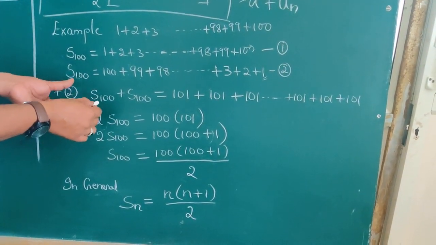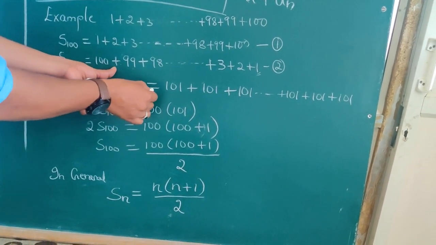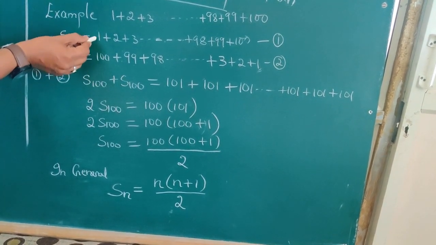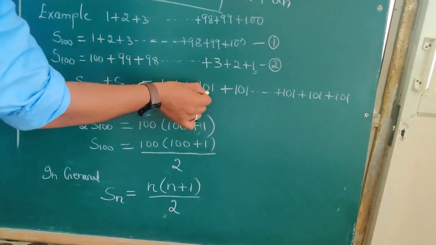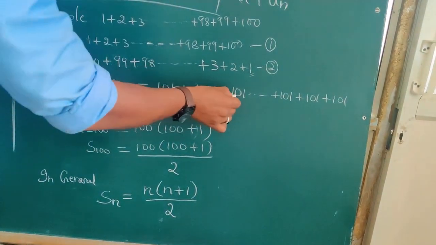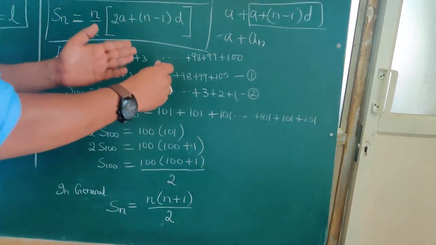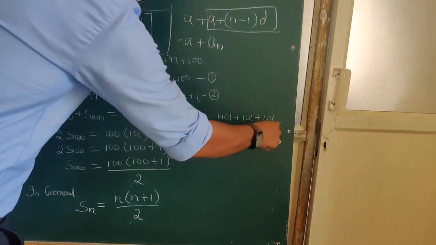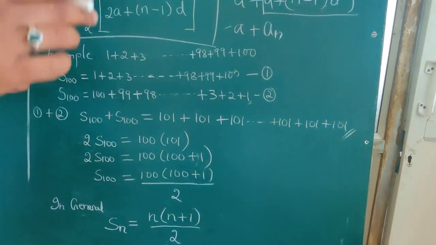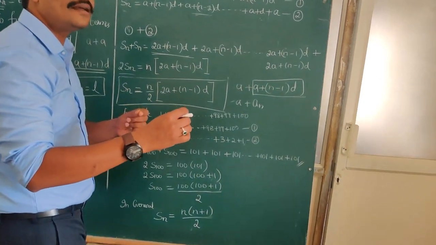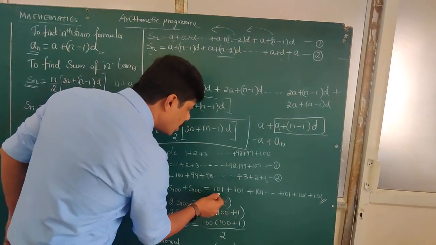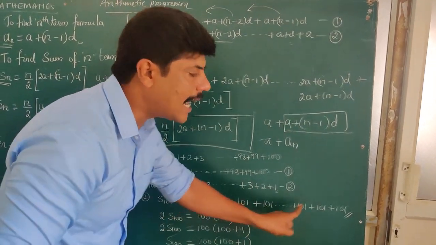After adding, S100 plus S100 is equal to, you can see that 1 plus 100 is 101, 2 plus 99 is 101, 3 plus 98 is 101. Like this, you will get 101, 100 times, because you are finding the sum of the first 100 natural numbers. Therefore, you will get 101, 100 times.